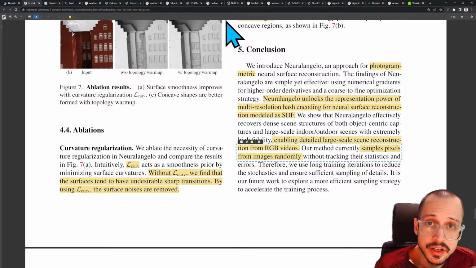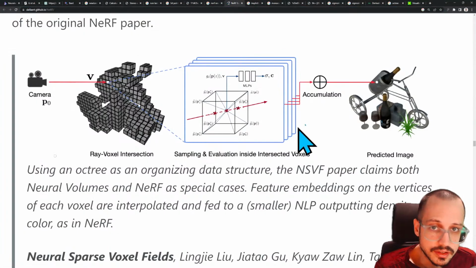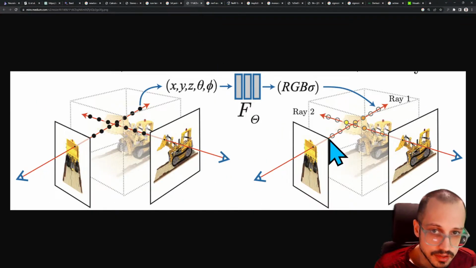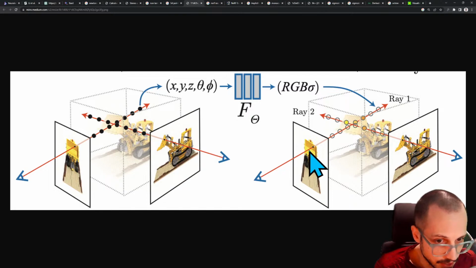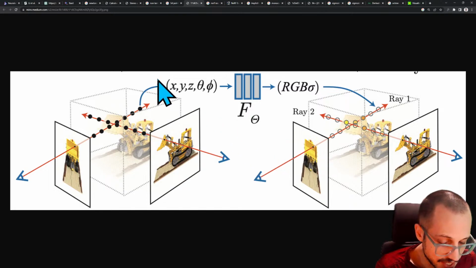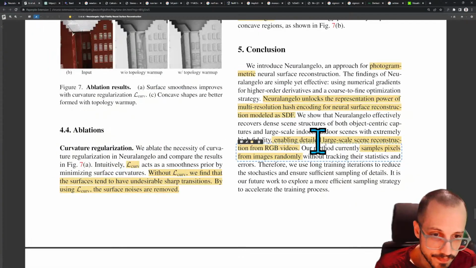So whenever they're taking images to get the color values at those points, the RGB loss, which is the primary loss they're using, is based on the difference between the pixel color here and the pixel color in the actual image. So they sample pixels randomly from those images. It is our future work to explore a more efficient sampling strategy to accelerate the training process.